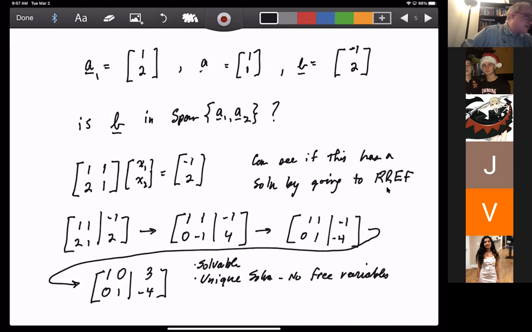That combination, 3 times A1 minus 4 times A2, will give us the vector B. Okay, so this is just a slightly different point of view of what we're doing when we solve a linear system.